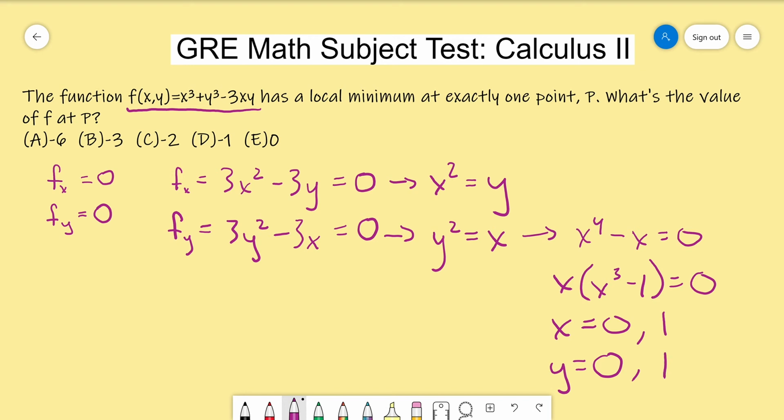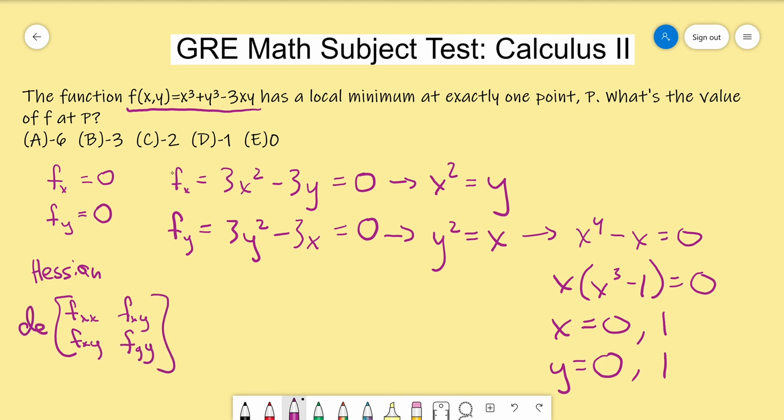So we found two critical points, (0, 0) and (1, 1), and we have to decide which of them is a local minimum. So in order to do that, we need to use the Hessian matrix. I'll just remind you that the Hessian is the matrix fxx, fxy, fxy, fyy.